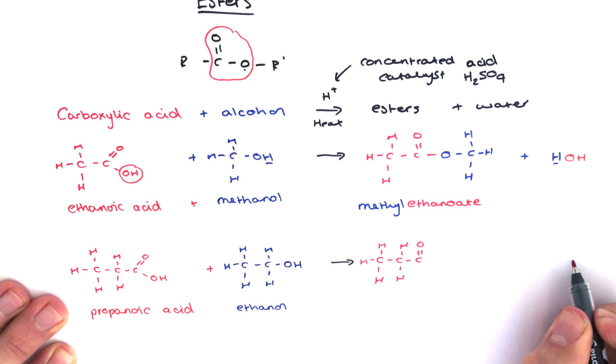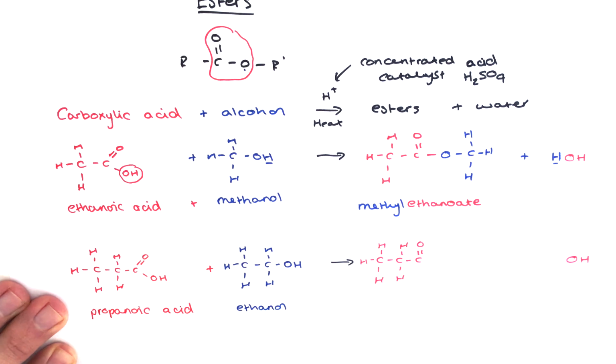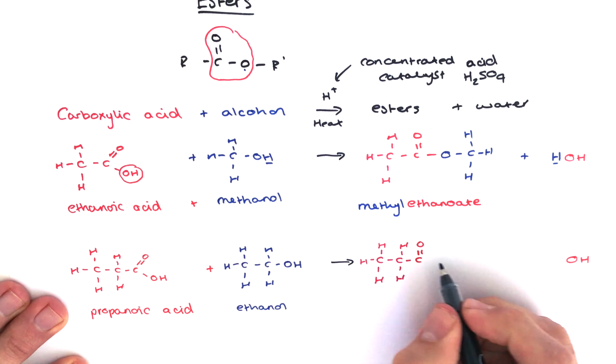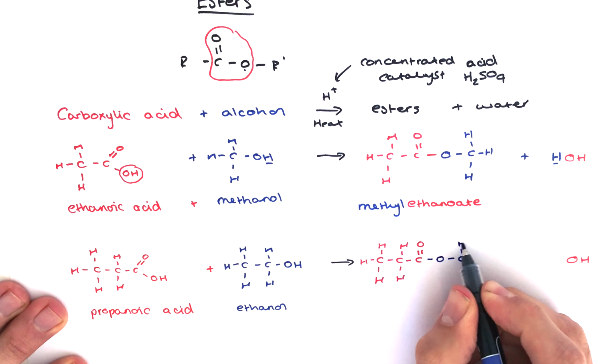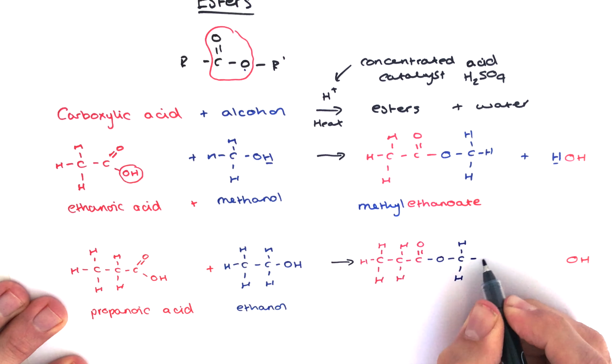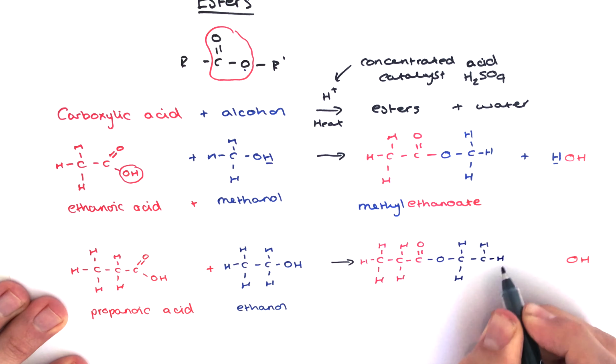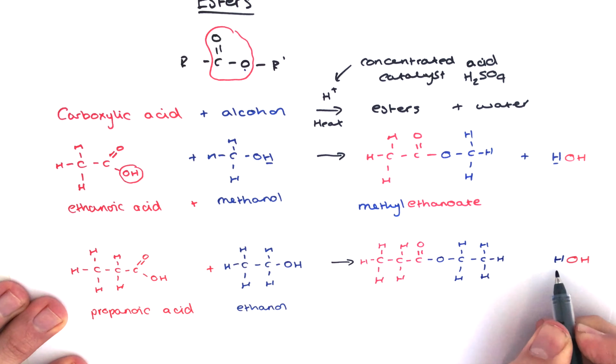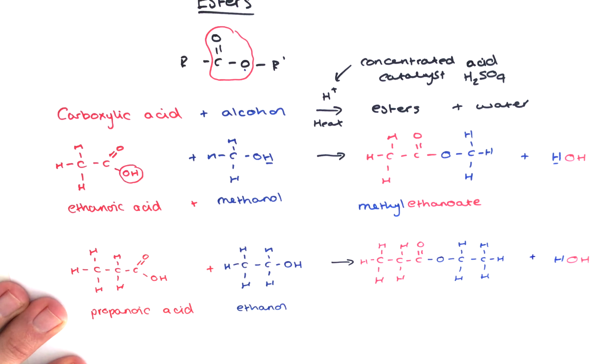This OH group is lost as part of water, so that part's eliminated as well. And then the rest of our ester, our side group on our ester, comes from the remaining part of the alcohol. And the remaining hydrogen here that's lost has gone off to form the water molecule as well.